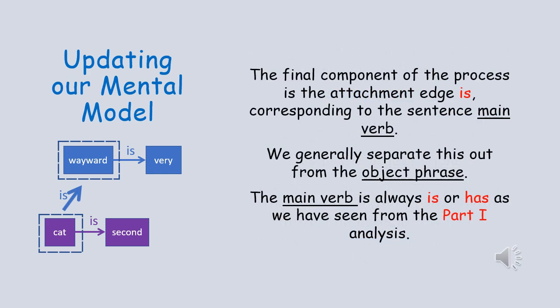The final component of the process is the attachment edge, is, corresponding to the sentence main verb. We generally separate this out from the object phrase. The main verb is always is or has, as we have seen from Part 1 analysis.